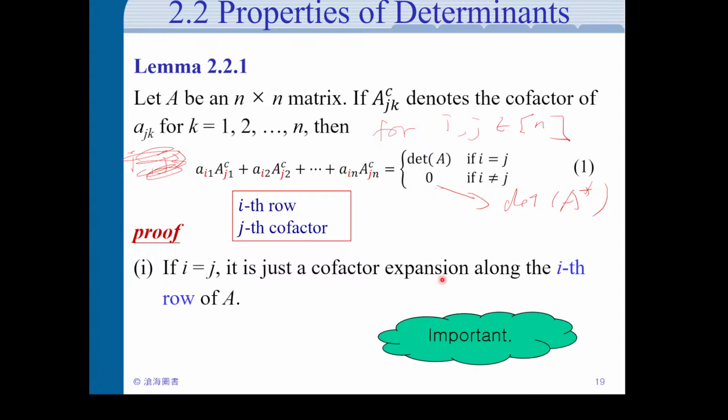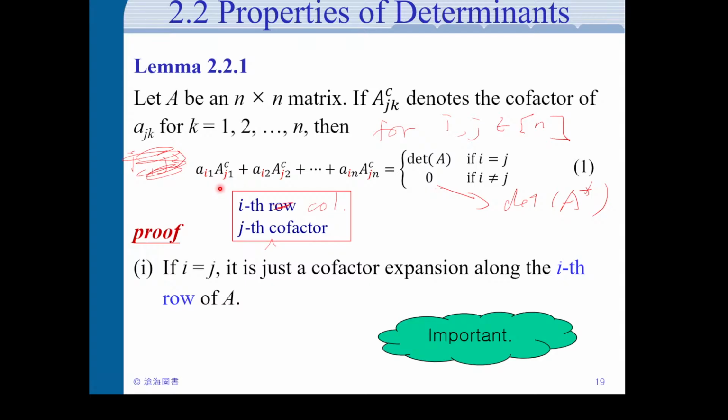So it's the ith row, and sorry, I don't think it's the ith row, actually it's the ith column. Sorry, the ith column and the covector of the jth column multiplying together, so kind of taking the inner product of the ith column and the covectors of the jth column.